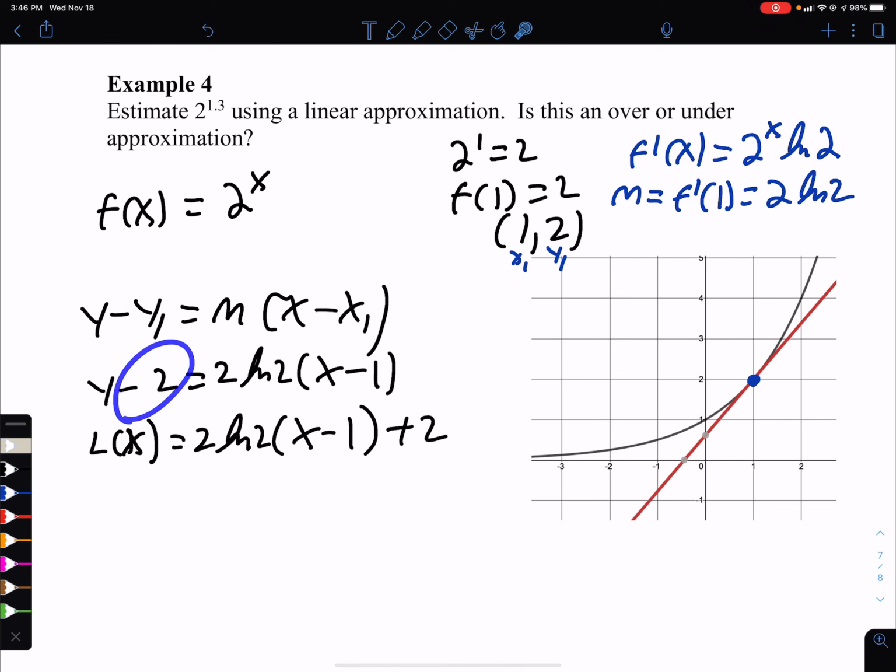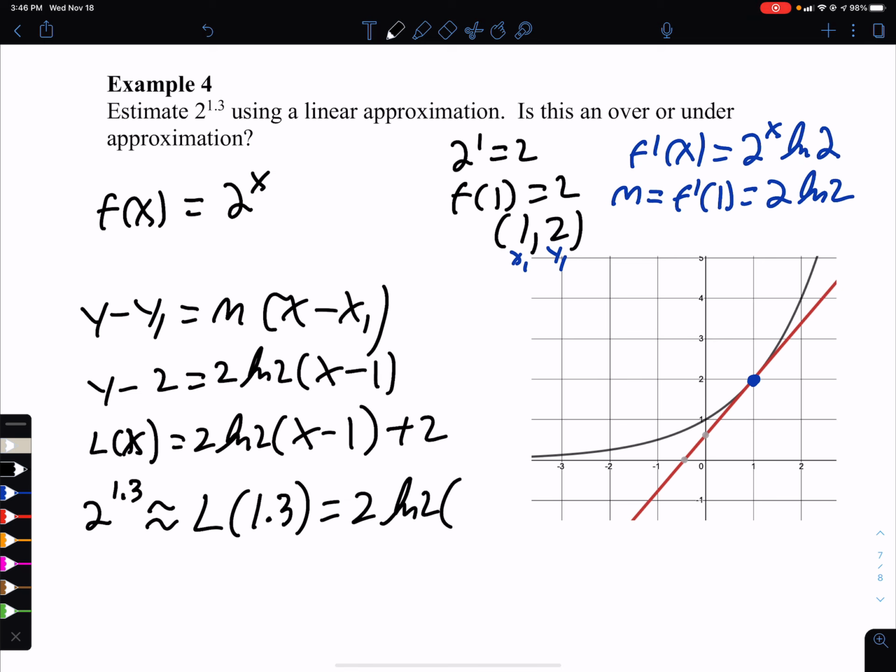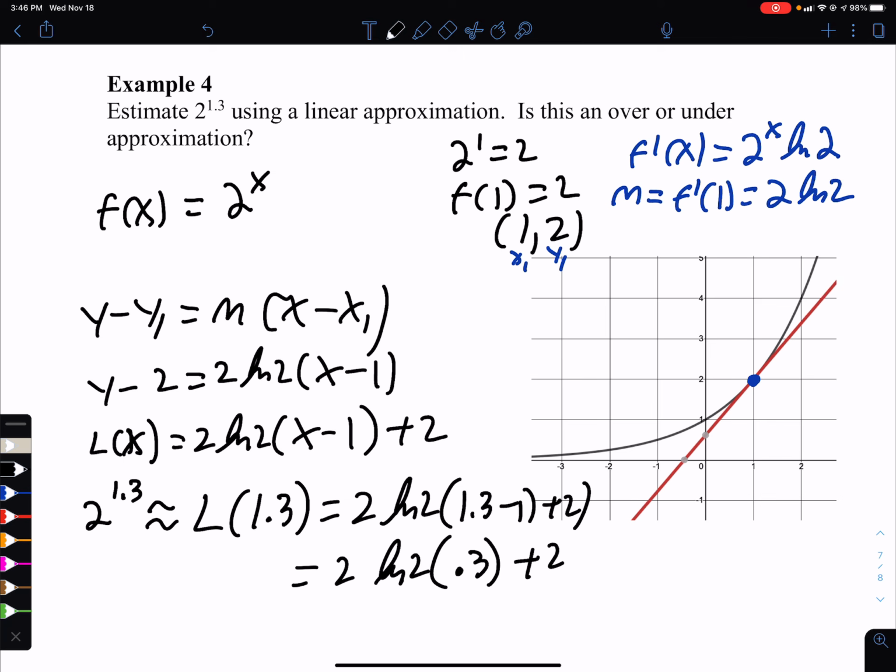I added that to get to the right side. Then 2 to the 1.3 is going to be approximately equal to my linear approximation at 1.3, which is 2 ln 2 (1.3 minus 1) plus 2, which is 2 ln 2 times 0.3 plus 2. So this is my linear approximation.